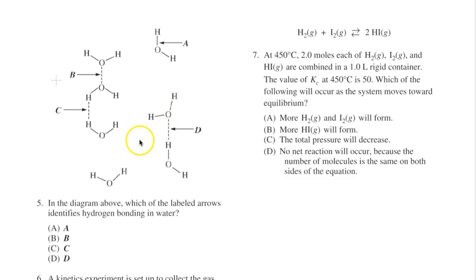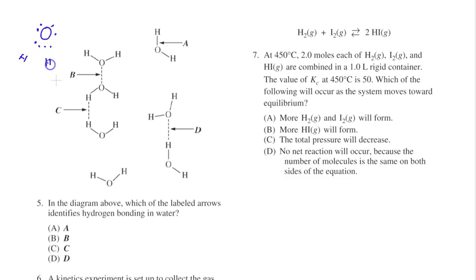Okay, number 5. In the diagram above, which of the labeled arrows identifies hydrogen bonding in water? Well, hydrogen bonding, let's understand what that's all about. Water is a classic case where we have oxygen, being very electronegative and small, with these 2 lone pairs out here, and then we have it bonding with the water molecule.